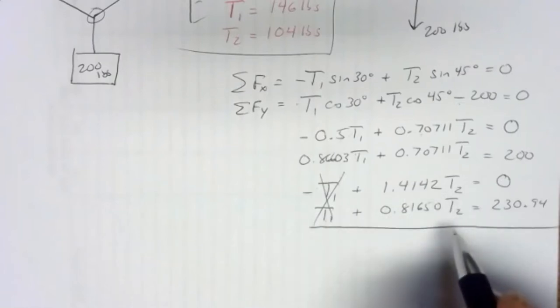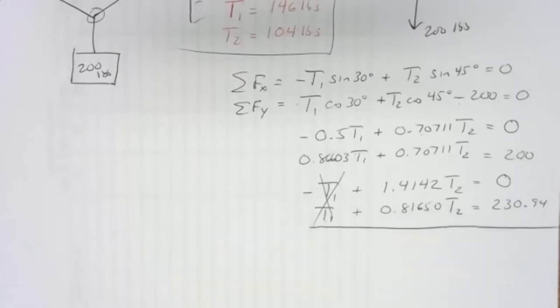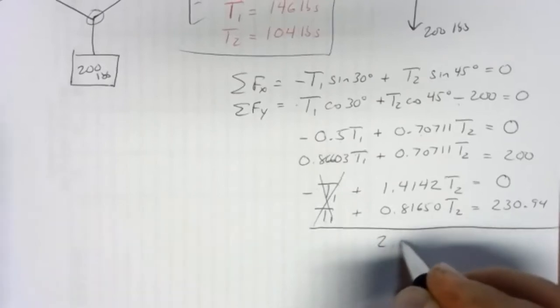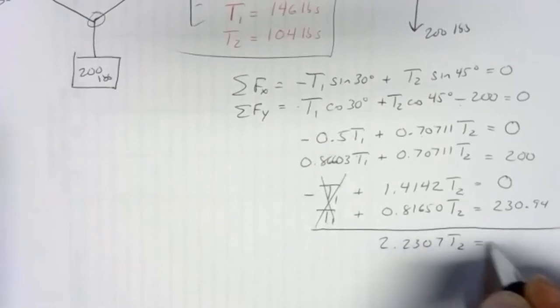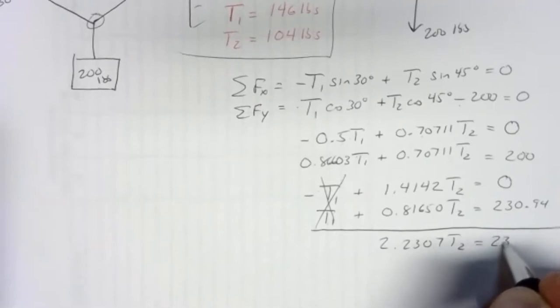So when I add the coefficients together here for T2, I end up with something I didn't write down, so I'll have to go back to my calculator on that one. We had 1.4142 and 0.81650. That gives us 2.2307 T2. Pretty ugly coefficient, but we can deal with that. It'll go away soon.